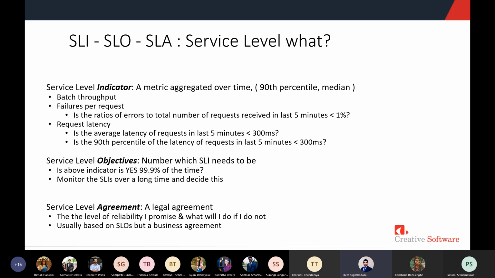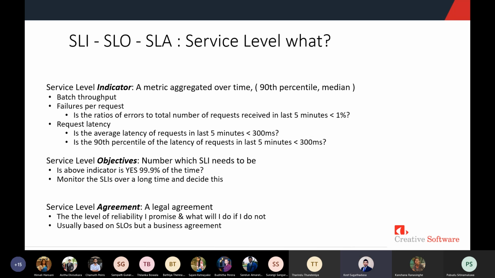Everyone who pays a licensing fee, I'm not talking about open source software, is paying a licensing fee to a service and using it, and the provider is liable to make sure that the system is available based on the definitions. If it is not available, they will have to give back a discount on the licensing fee. That's how service level agreements work.